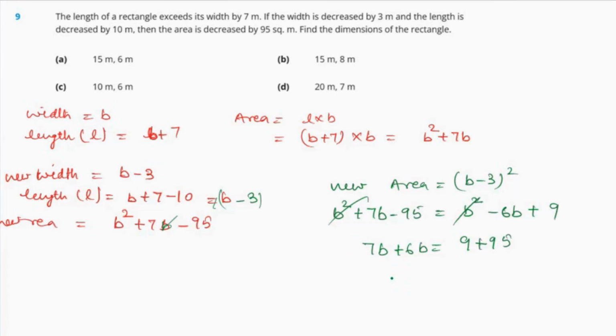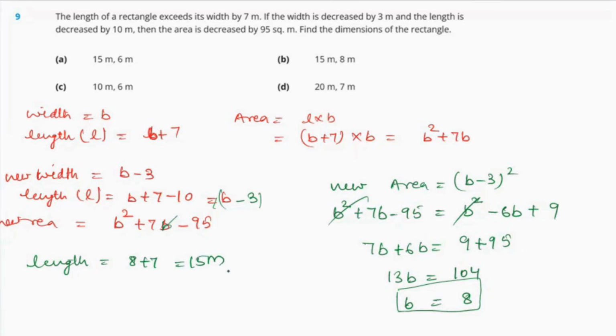So this side we get 13b and this side we get 104. So the value of b we get is 8. The width is 8, so the length needs to be 8 plus 7, that gives us 15 meters. So length is 15 and width is 8. The answer needs to be option B.